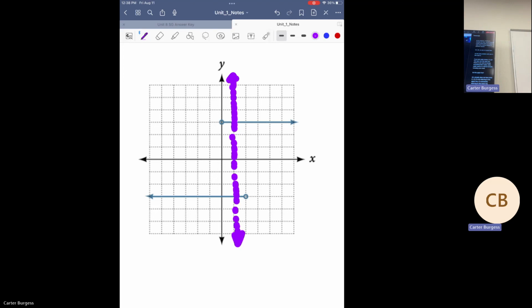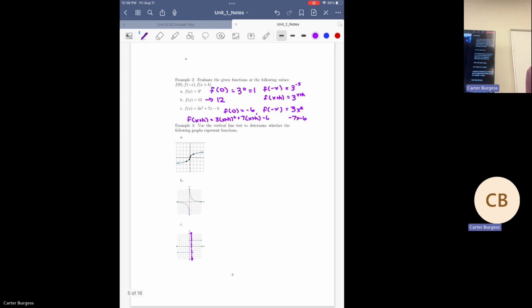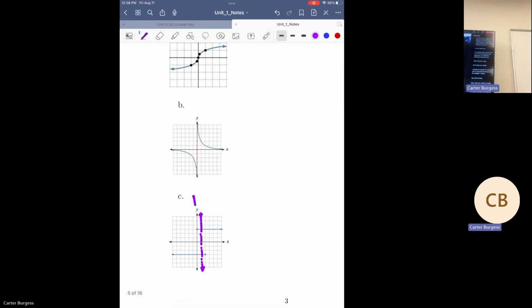So this is why it's called the vertical line test. If you draw a vertical line straight down at any point on your graph and you ever hit more than just a single point, then it is not a function. So in this case, by the vertical line test, this would not be a function.